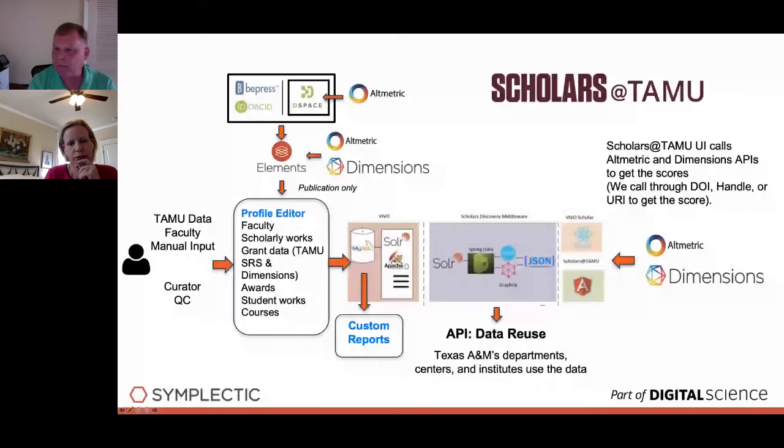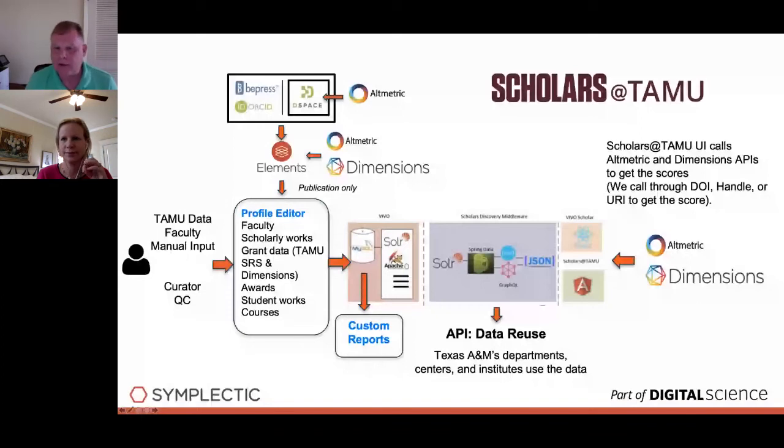In that profile, we have embedded metrics around our publications from both Altmetric and Dimensions, so those profiles include those metrics on the faculty's pages, which they really appreciate.